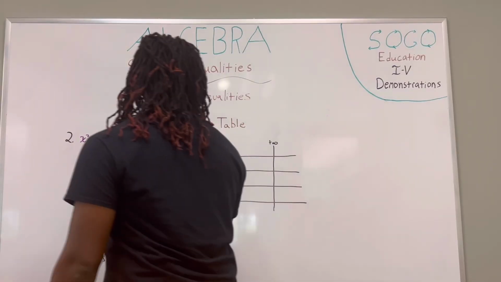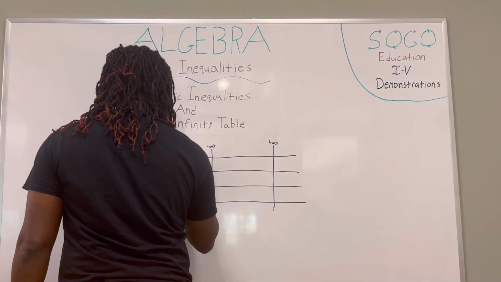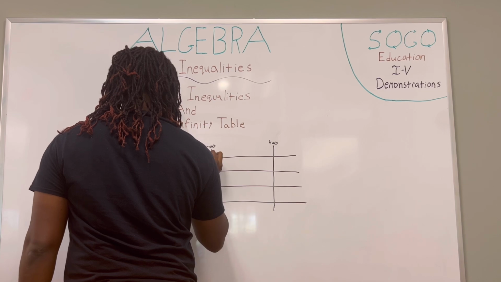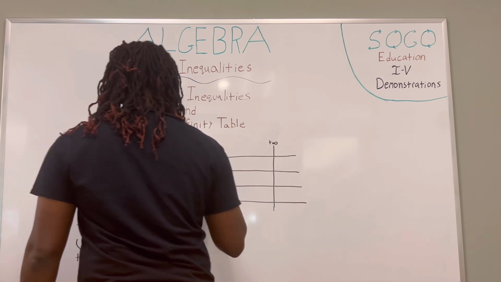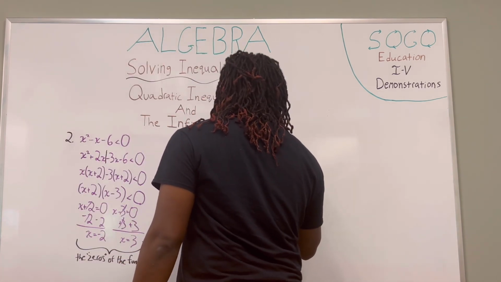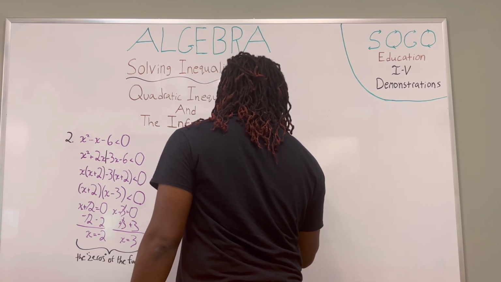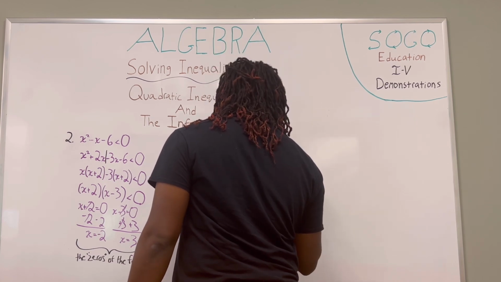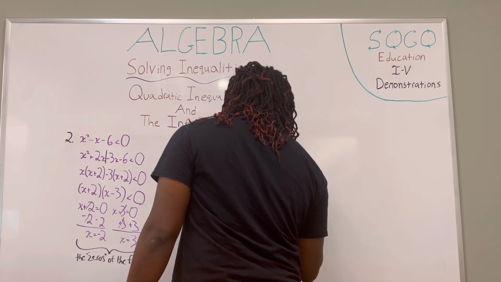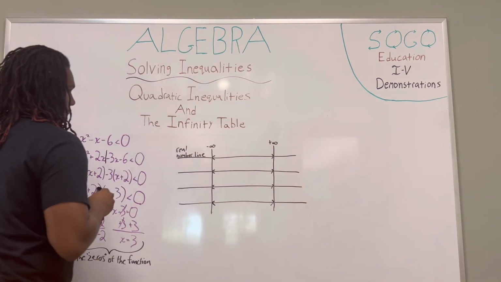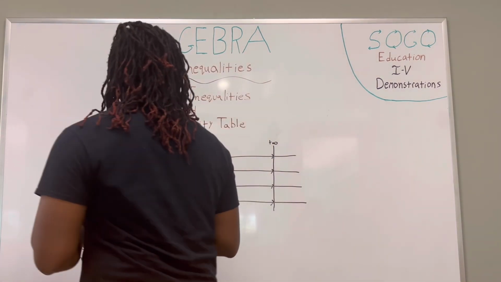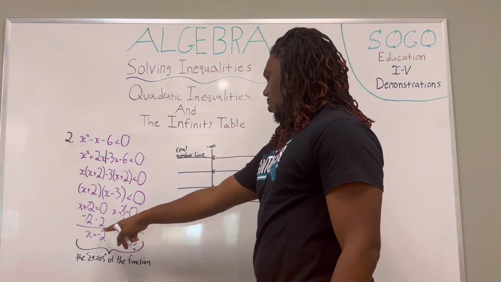Then the next part is the aesthetic part for me. I write real number line in the top left corner, and then I write my arrows on the lines to indicate that we are dealing with the real number line. Again, it's aesthetic. For me, it's like in my head I'm activating the table. It's kind of like the table is a machine and I'm turning it on.